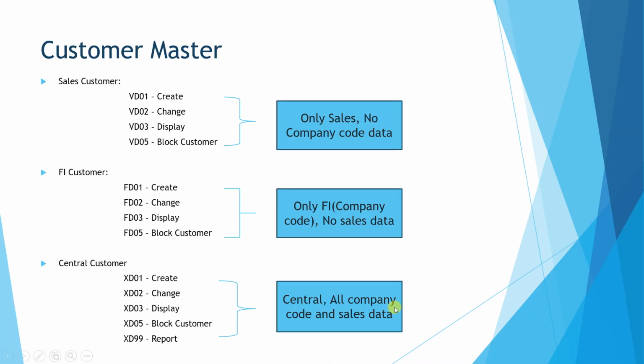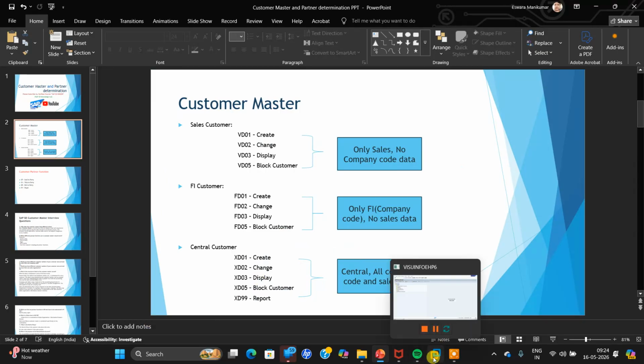Here you can see XD01, but in S4HANA XD01 is no more, because even if you type XD01 and press enter, it is redirected to BP only. BP is the transaction to create, change, or display a customer in S4HANA. But here in ECC we are using XD01. Okay, I will show you.